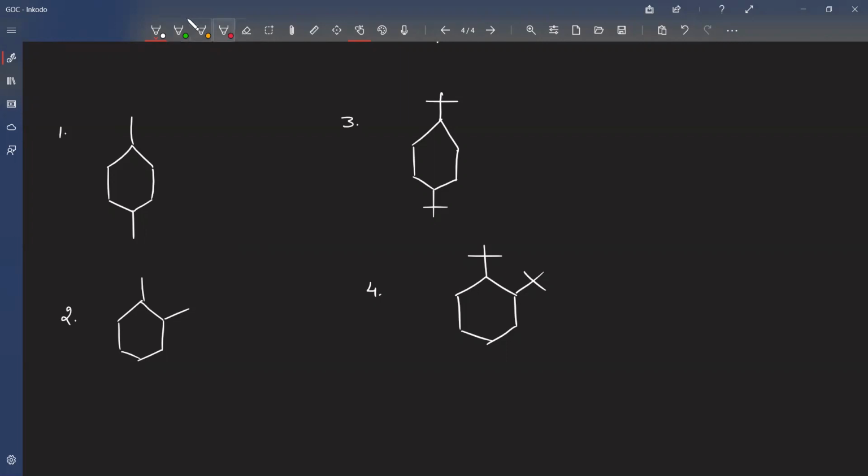First and second are simple, so don't get confused there. First is 1,4-dimethylcyclohexane. Second is 1,2-dimethylcyclohexane.